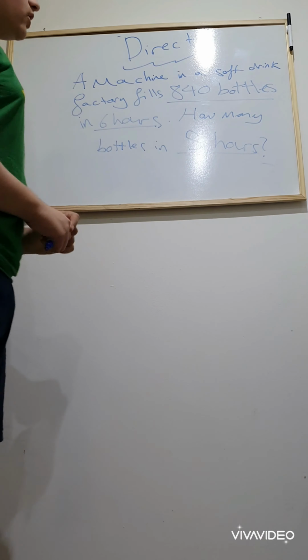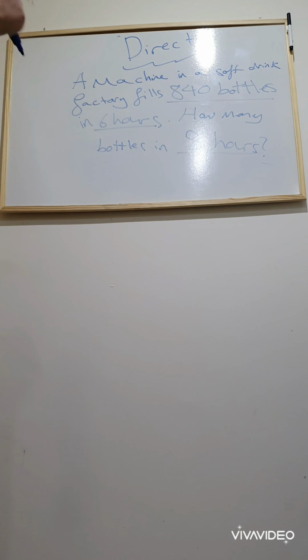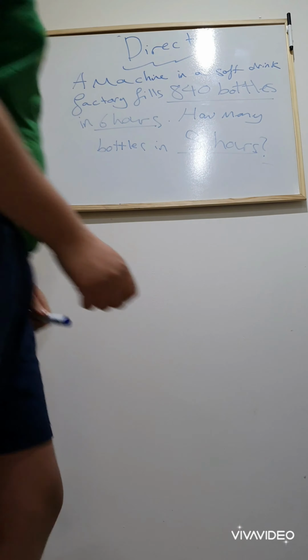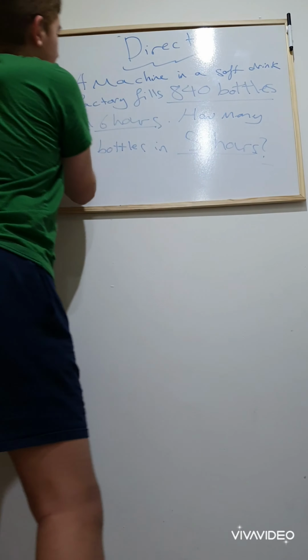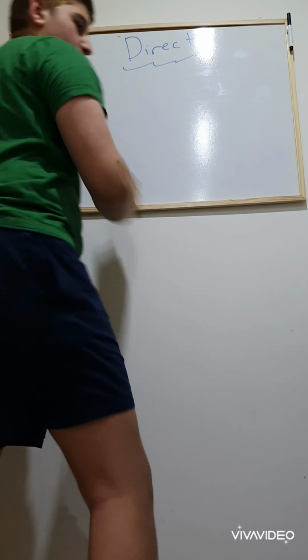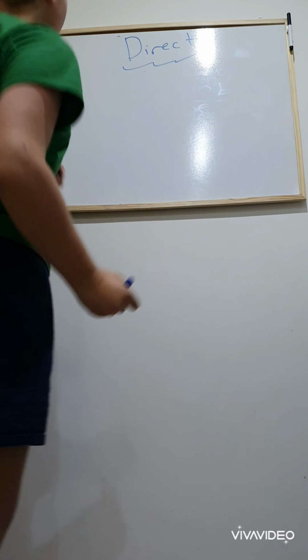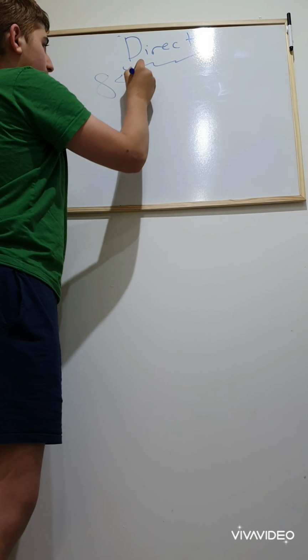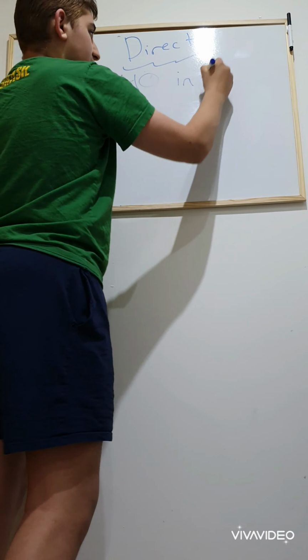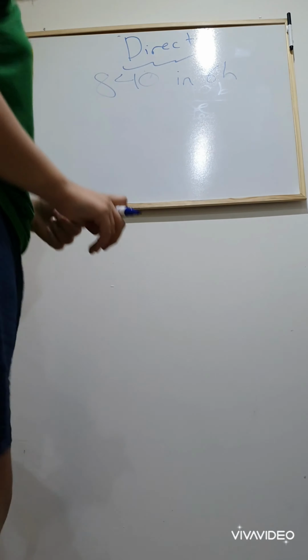Let's figure it out as in 5 hours. So, let's do that now. Figure out how many in 5 hours. First, we know that it's 840 bottles in 6H, as in 6 hours.